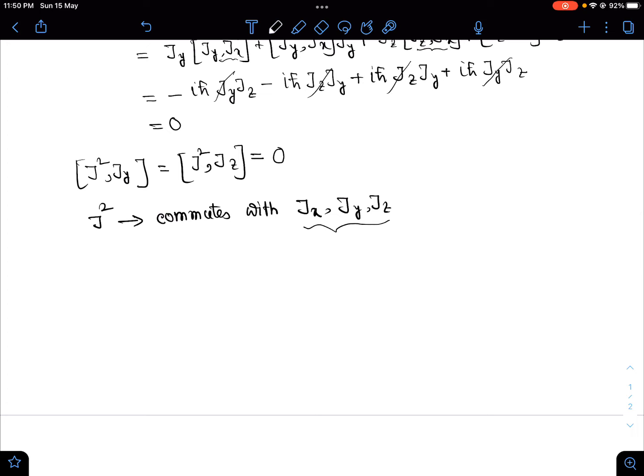So if we want to construct an eigenstate, then maximally what can we do? We can construct an eigenstate of J square and any one of the components of angular momentum.